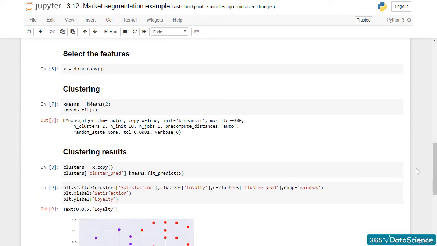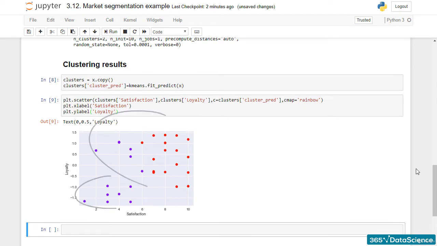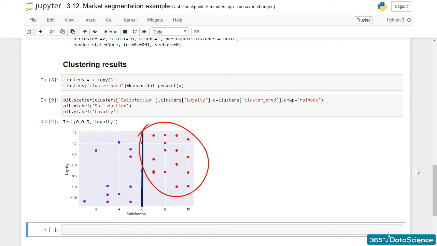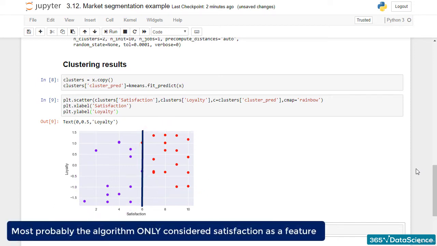What we see are 2 clusters, but they aren't the 2 we imagined, are they? If you examine the plot closely, you will realize that there is a cutoff line at the satisfaction value of 6. Everything on the right is one cluster, everything on the left, the other. This solution may make sense to some, but most probably the algorithm only considered satisfaction as a feature.